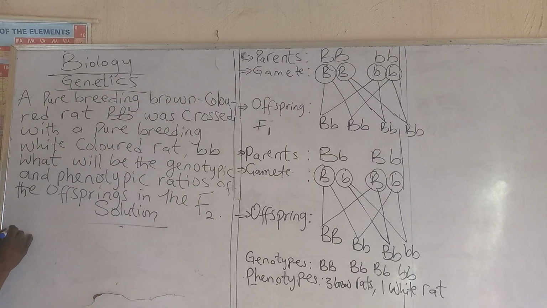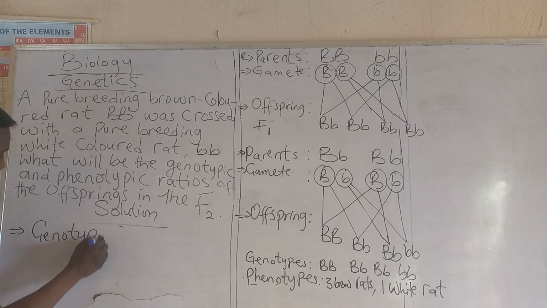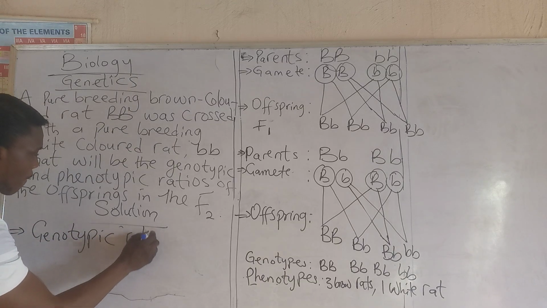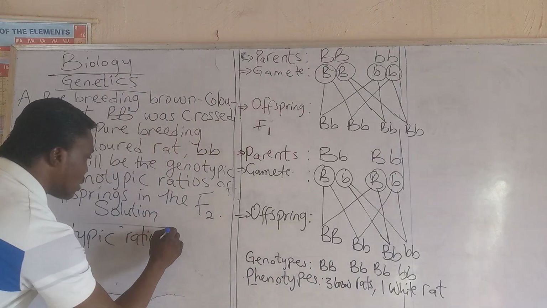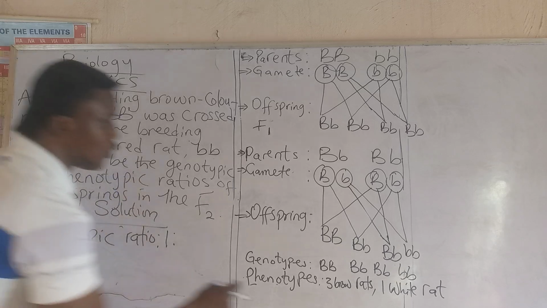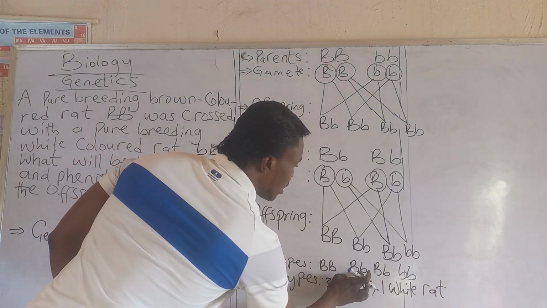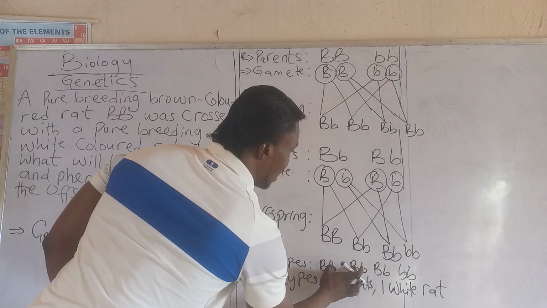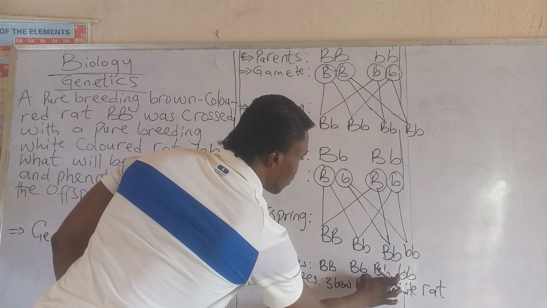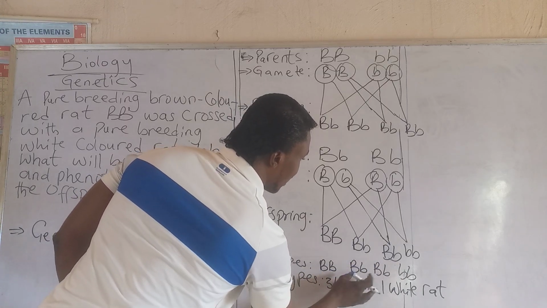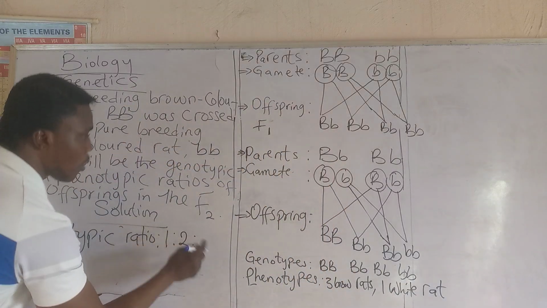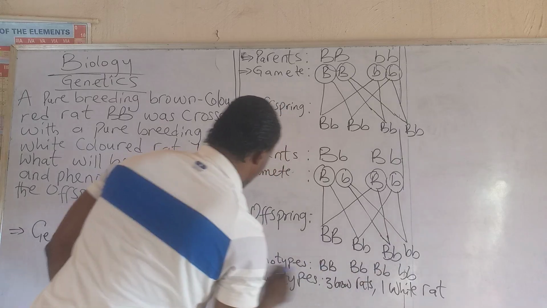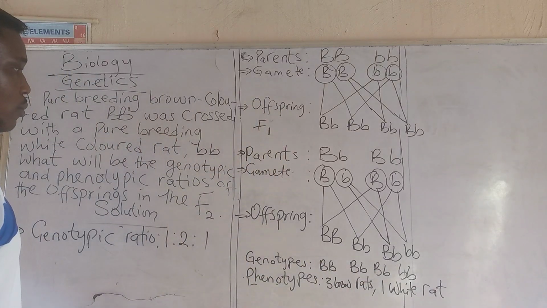For the genotypic ratio, you have this homozygous dominant appears 1, you write it as a ratio. This gene is heterozygous, that's 1 dominant, 1 recessive, 1 dominant, 1 recessive. Since both of them resemble each other, these two similar ones appear twice. You write 2 as a ratio. This one appears 1.